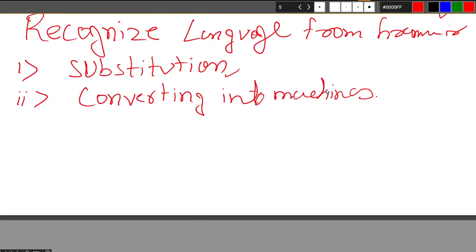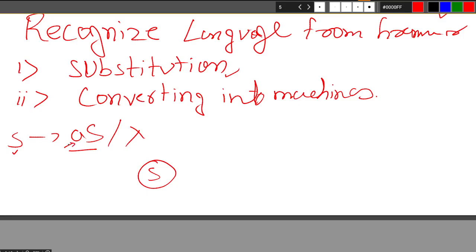If you want to go for converting into machines, this was a bigger example, so let me take a small one. S gives a S, and S gives lambda. For one variable you are making one state, and for this state you will see, given the non-terminal, what the transition is.